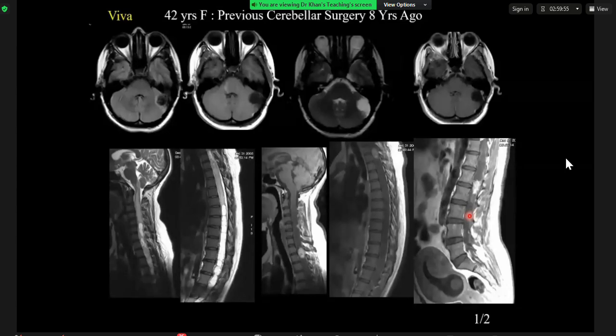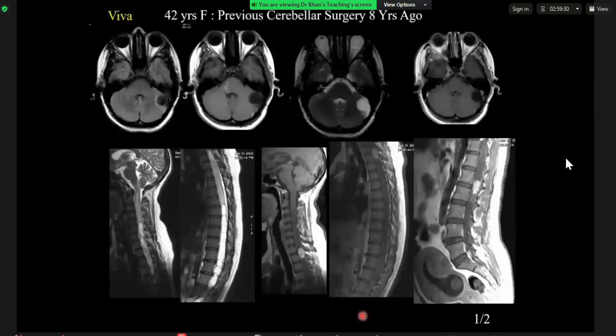There's another on the last 3 sequences spanning through the whole of the spine. I can see there are multiple lesions at the level of the thoracic vertebra as well as in the lumbar vertebra. These are intramedullary lesions which are slightly expanding and they are enhancing post-contrast.